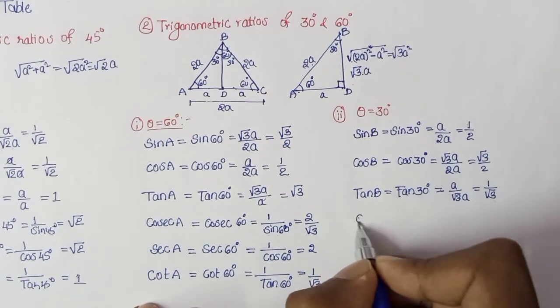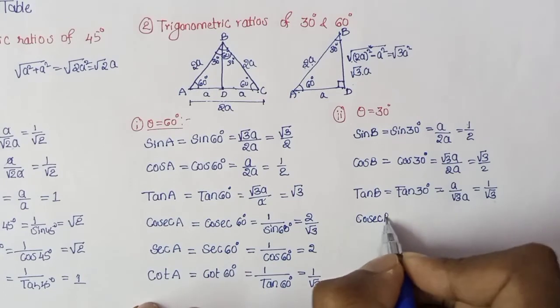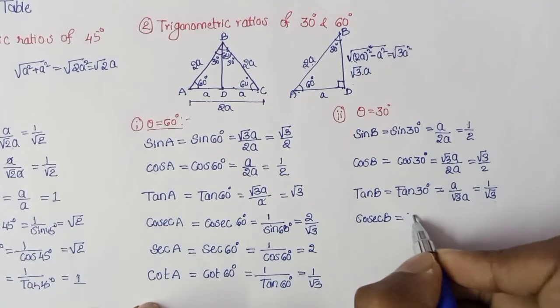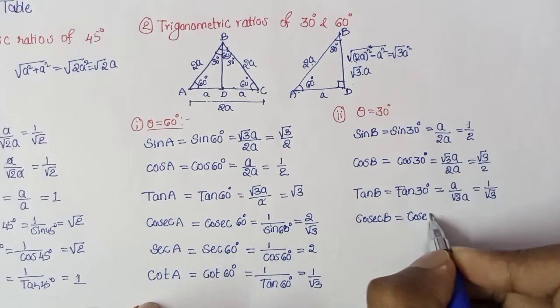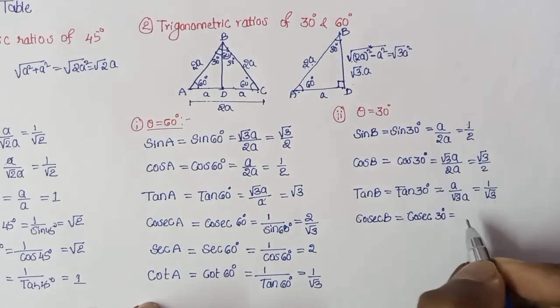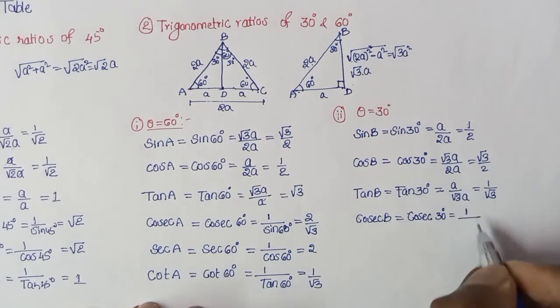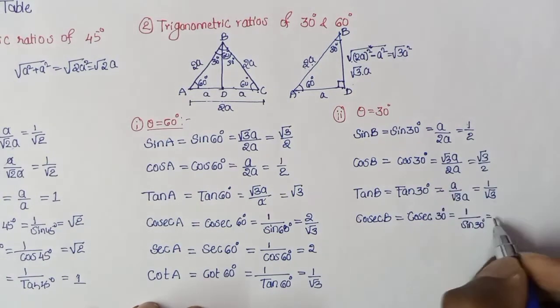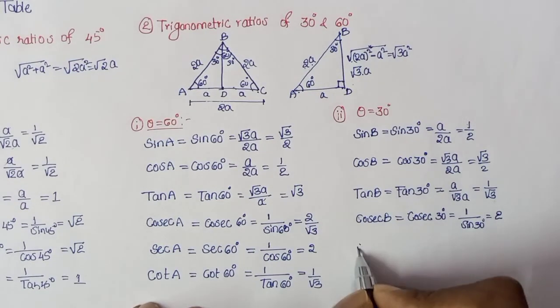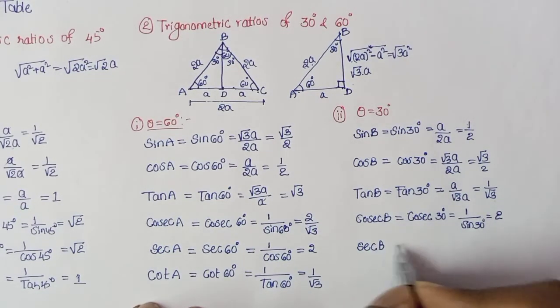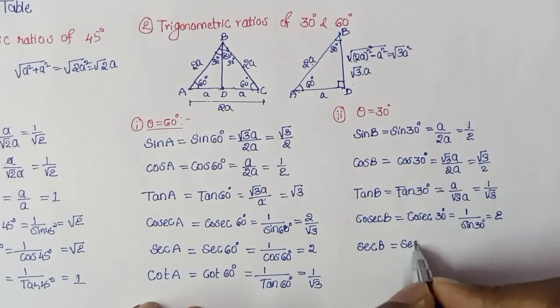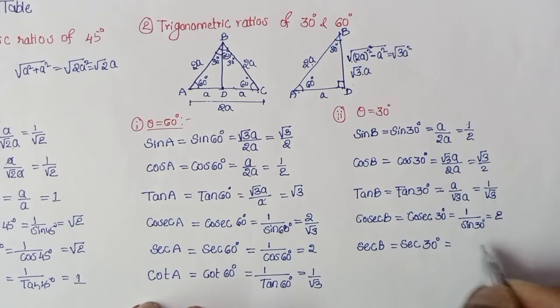So first one is cosec B. Cosec 30 degrees is equal to 1 by sin 30, which is the reverse, 2. And next, sec B is sec 30 degrees, equal to 1 by cos 30, which is 2 by root 3.